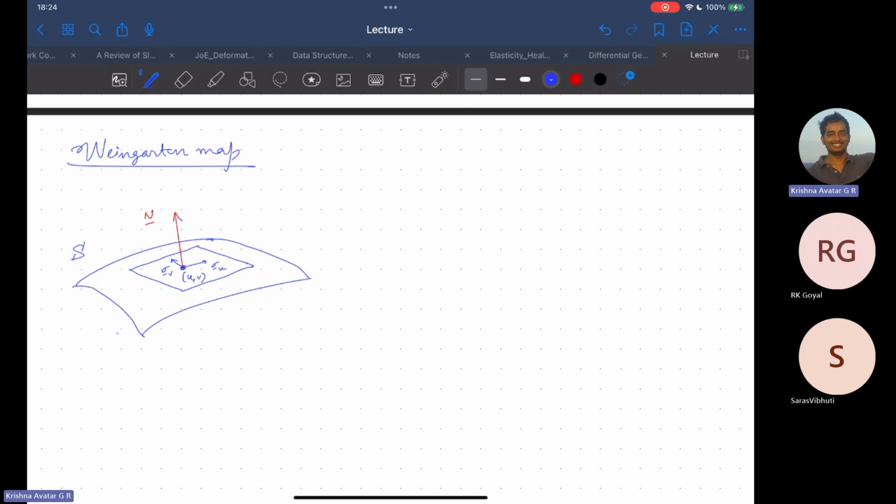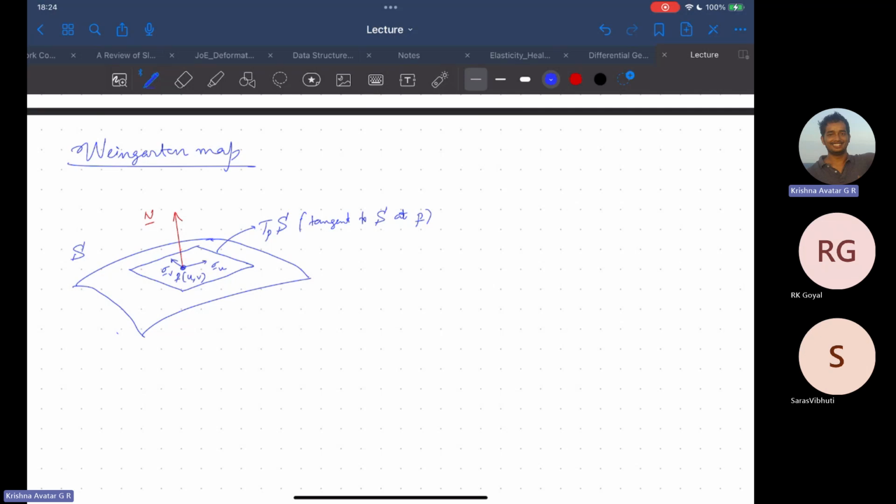So far so good. This plane is also called T_P S because it is tangent to the surface S at point P. The way we read it is tangent to S at P.